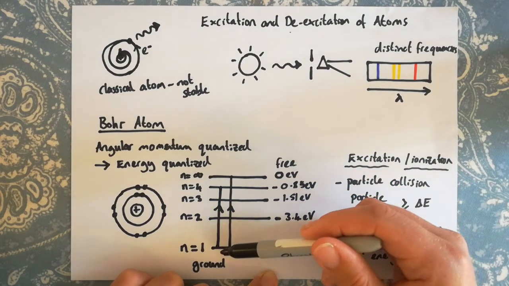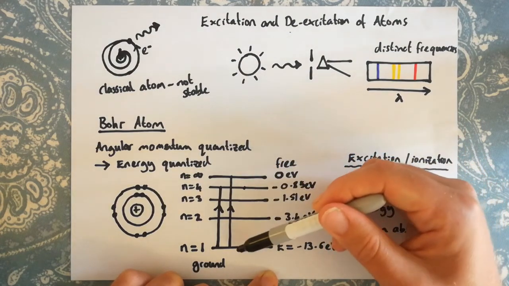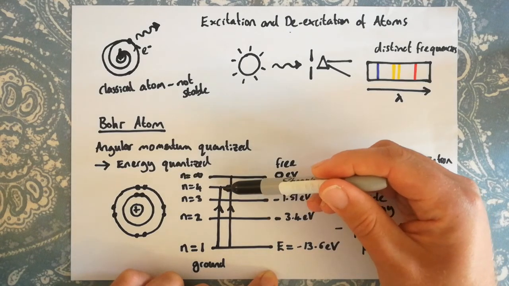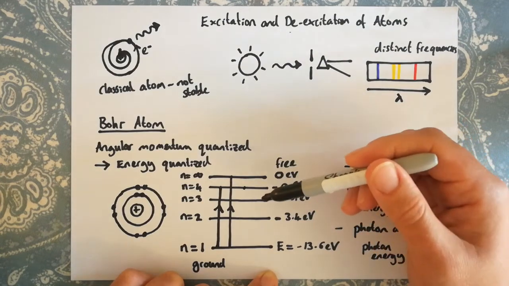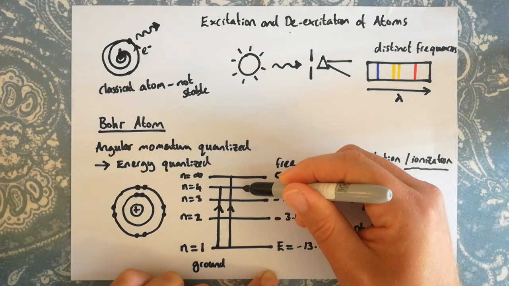So if we look at this example that we were talking about, perhaps this hydrogen atom, there's one electron in the ground state, it's excited up to the n equals 4 energy level, it's going to come back down, and it can do that in various ways.